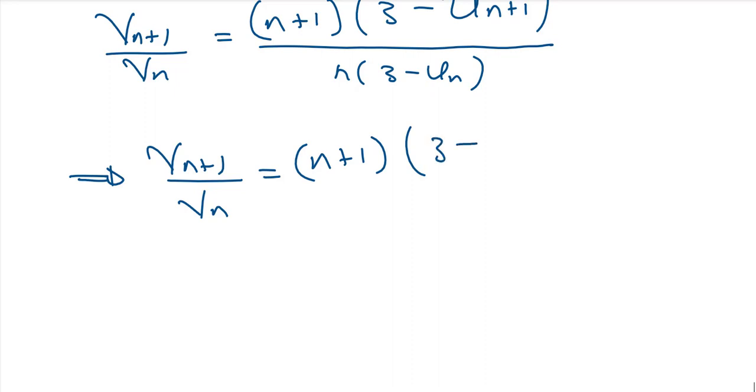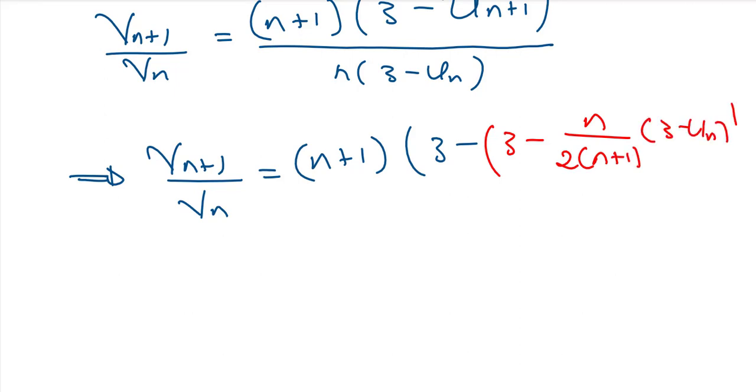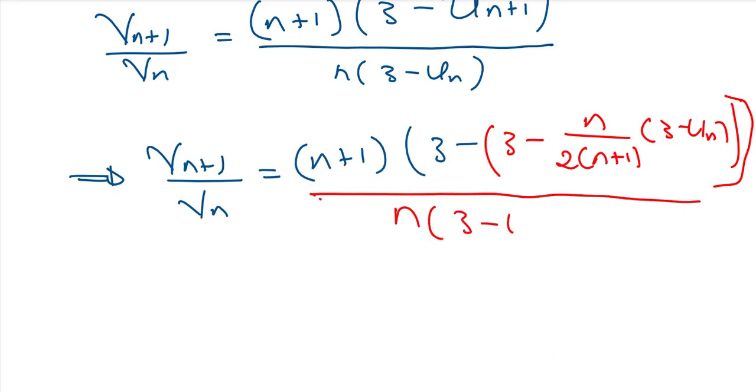Okay, so this implies our Vn plus 1 divided by Vn will be equal to n plus 1, into 3 minus, remember what's the definition of un plus 1 recursively? So our recursive definition of un plus 1 was 3 minus n divided by 2 into n plus 1, all of that times 3 minus un. So that's what we have. Now all of this will be divided by n into 3 minus un.